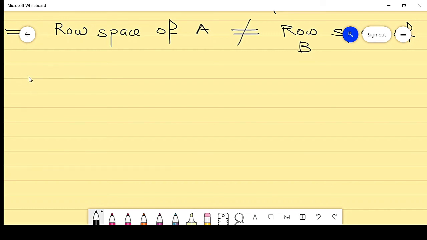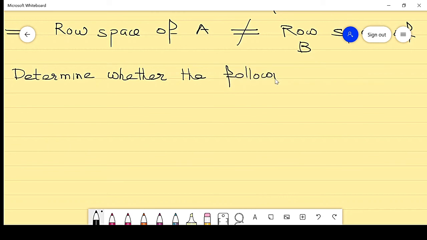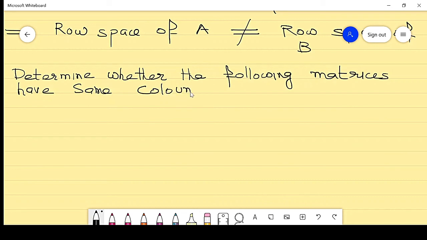For example, a very important question: determine whether the following matrices have the same column space or not.